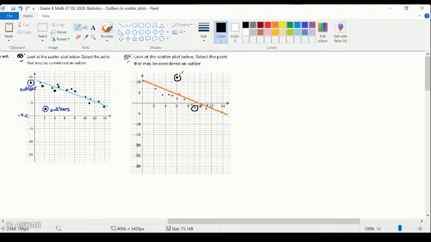So any point that does not follow the pattern of the line would be an outlier, right? Agreed? So right now what we are doing is we are just identifying what are the possible points which are outliers. We are not simplifying, we are not doing anything, we're just identifying. Okay.